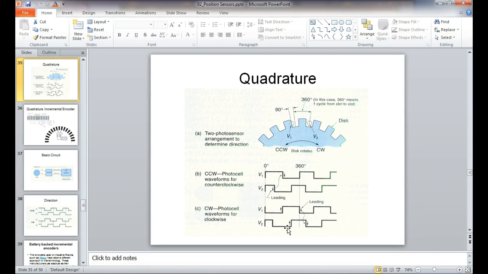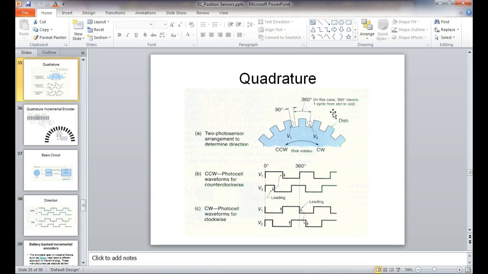Not only does it know position, so these guys are equally spaced. So if it can count the number of blades, then it can do what? Position. If it can determine the rate, it knows what? Speed. And if it can figure out which one occurs first, then it can determine what? Direction. That makes sense?